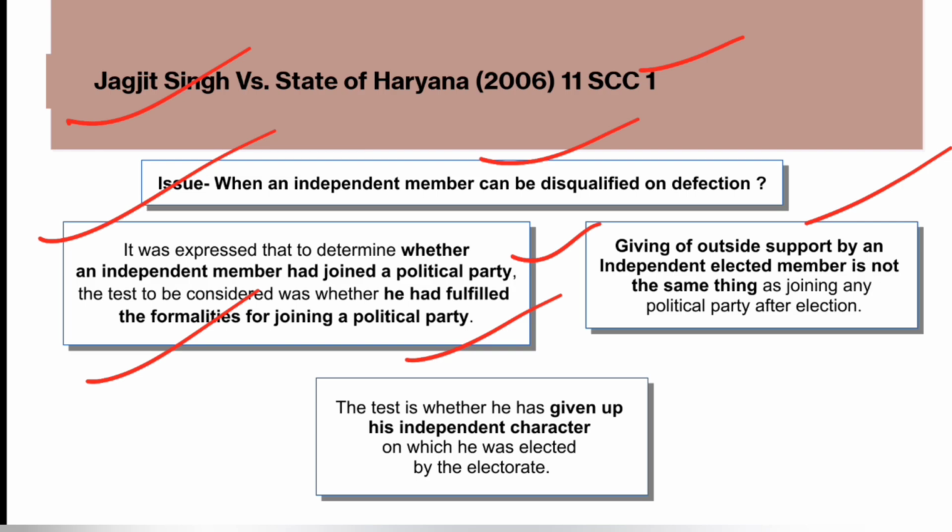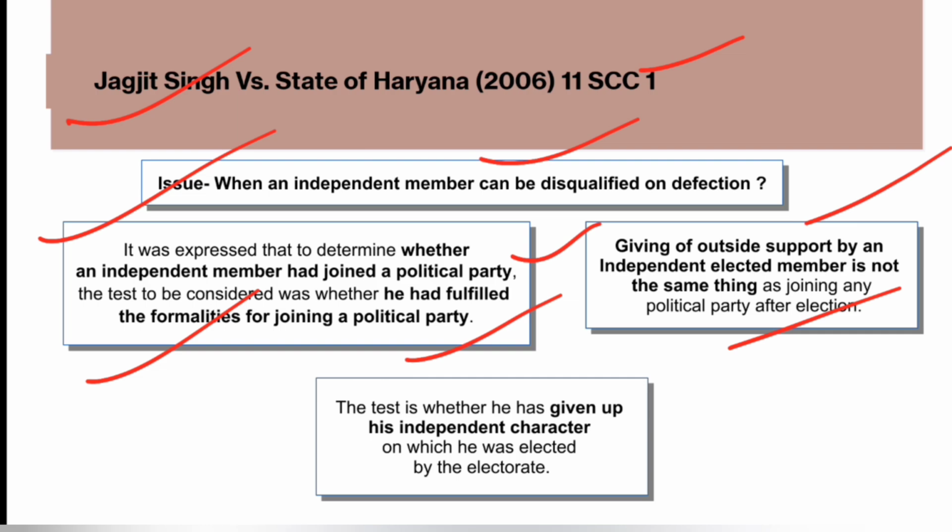Then, giving outside support by an independent elected member is not the same thing as joining a political party after election. This is to be remembered in the context of an independent member: outside support is not the same as joining the political party.